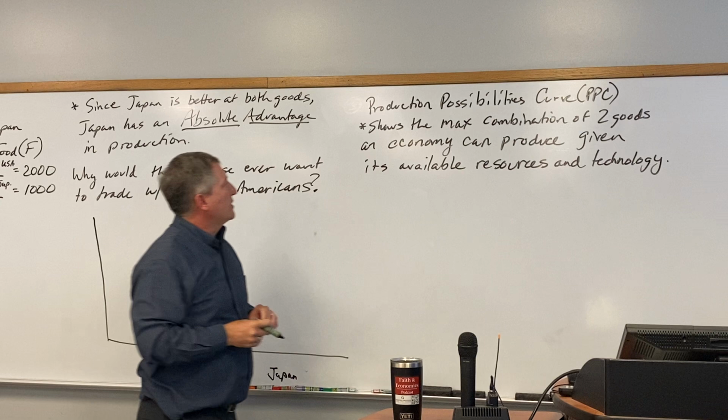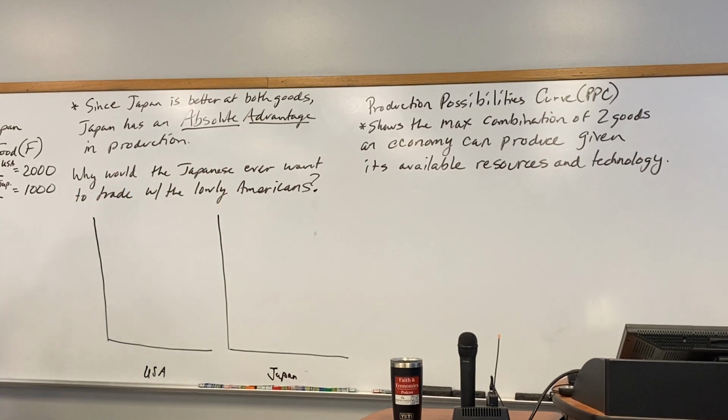Shows the maximum combination of 2 goods an economy can produce given its available resources and technology.